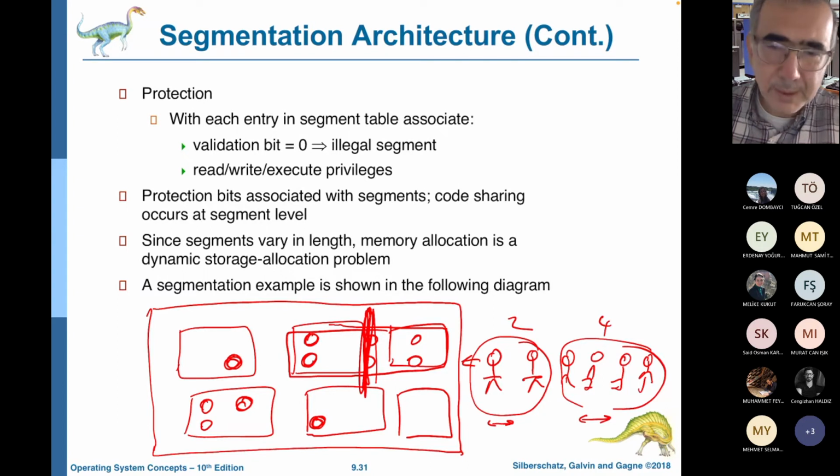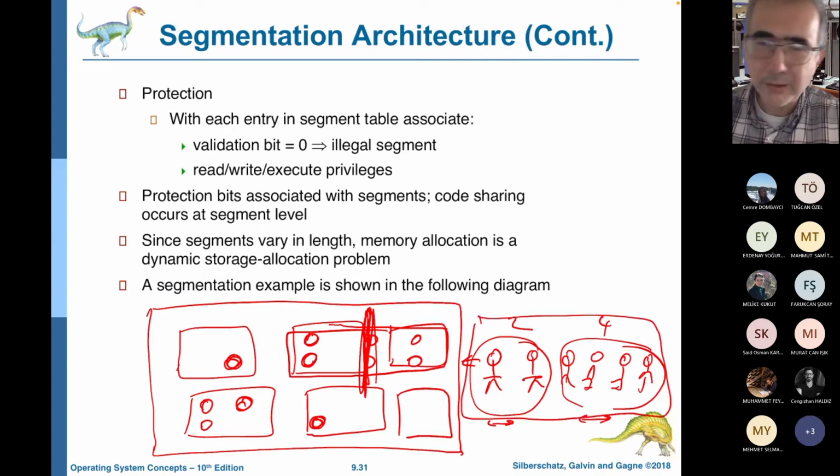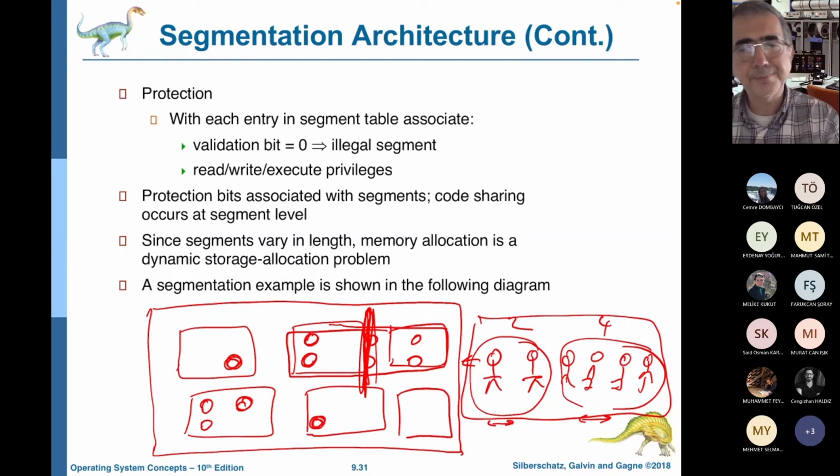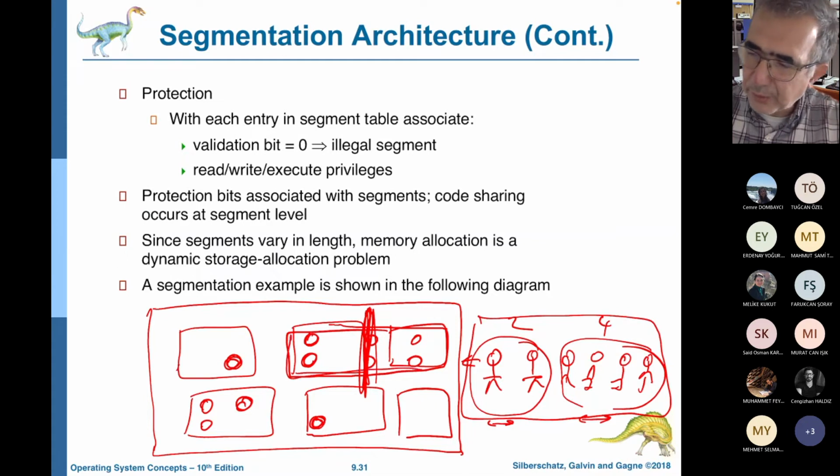That is called segmentation. So a big executable code can be divided into segments where those segments are closely related to each other. Therefore, we don't look for big tables.